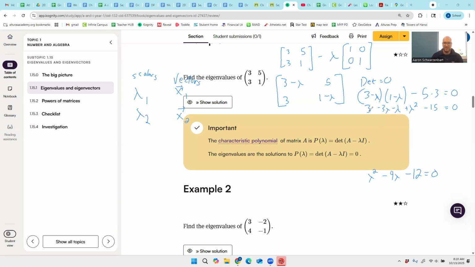So when I combine like terms, 3 and negative 15 gives me the negative 12. Negative 3 lambda and negative lambda is negative 4 lambda. Now I factor.